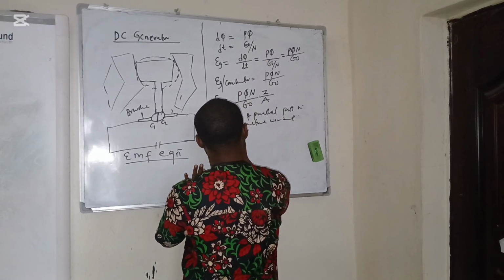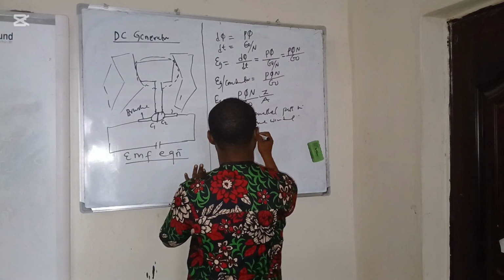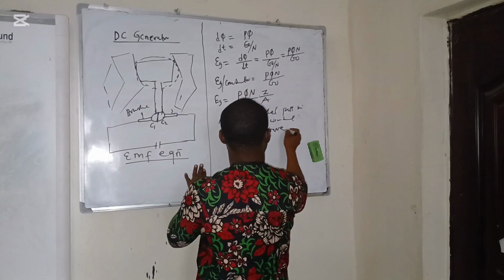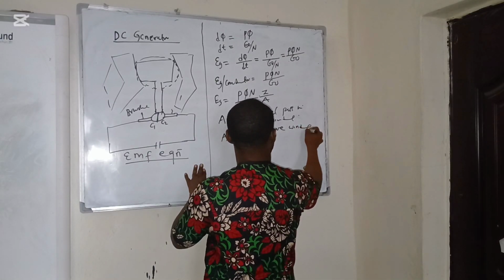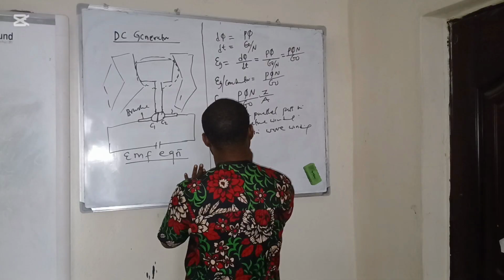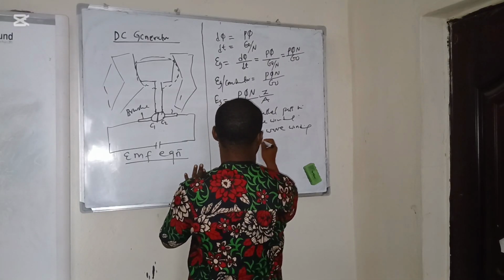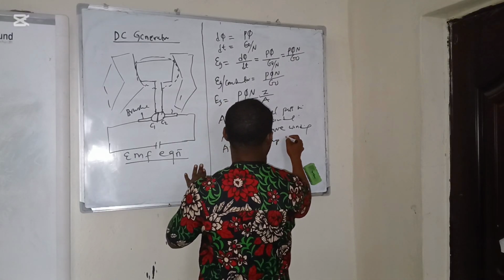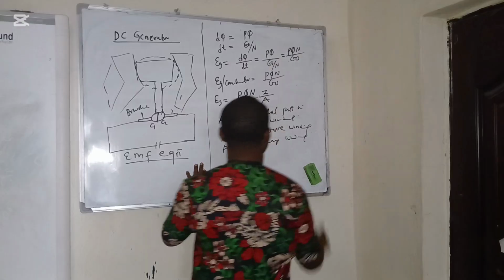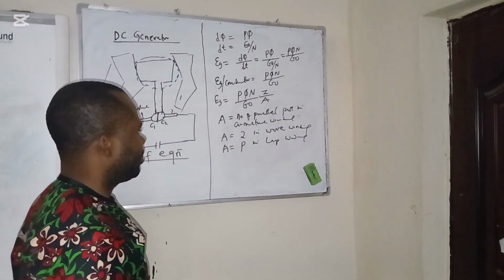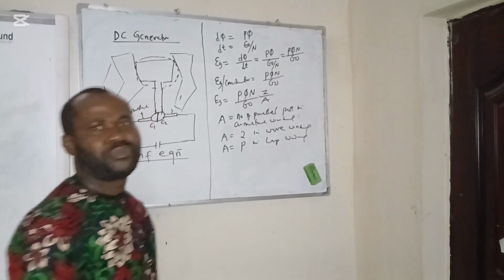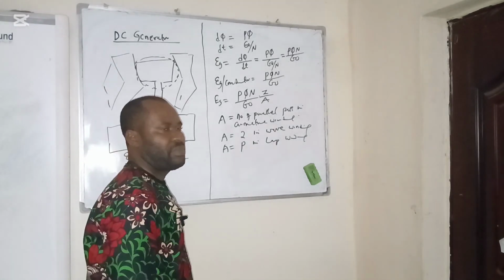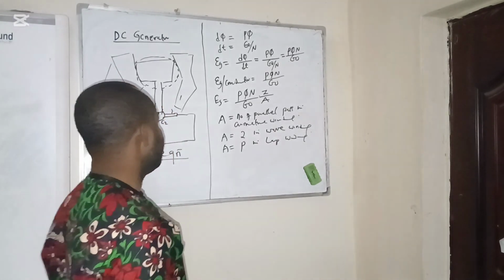So we have A equal to 2 in wave type winding. We also have A equal to P in lap winding. So please take note of that. The armature winding type must be specified to know the number of parallel paths that is there.